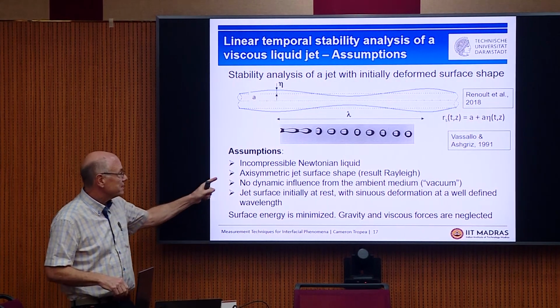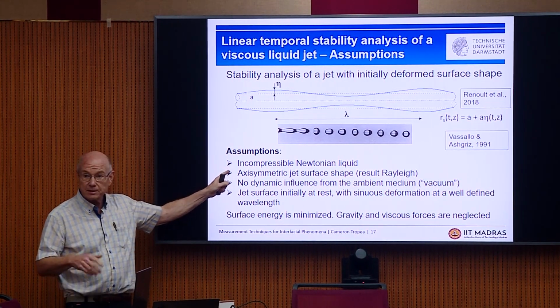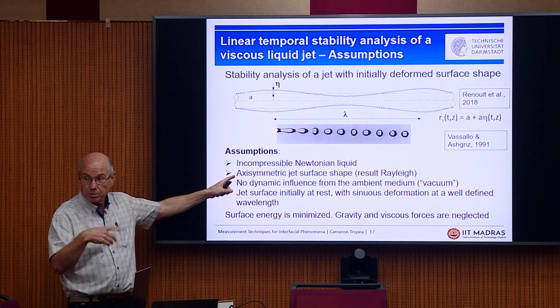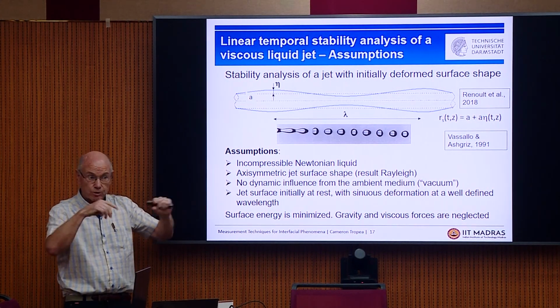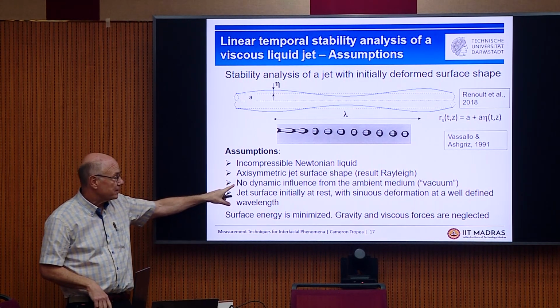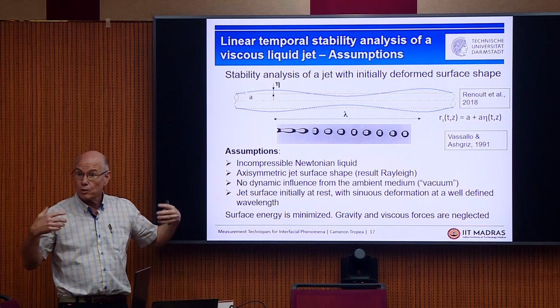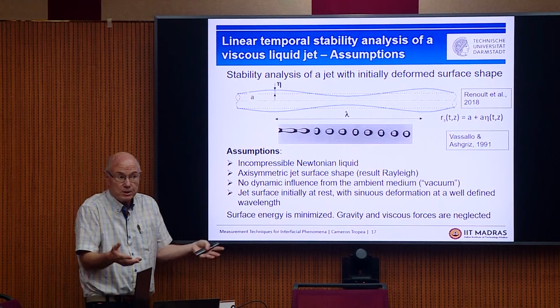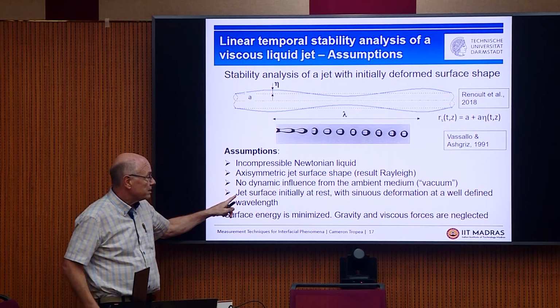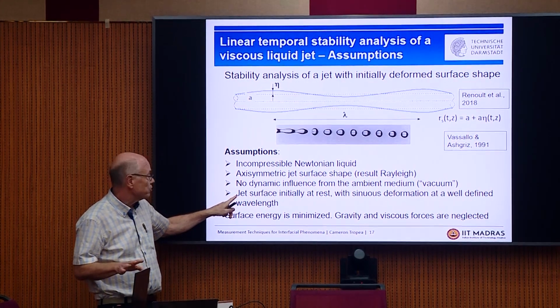And so the assumptions we're going to make are that it's an incompressible Newtonian fluid. It's an axisymmetric shape. Doesn't matter, even with the disturbance, it stays axisymmetric. There's no dynamic influence from the ambient air, so no aerodynamic effects. It could be in a vacuum, exactly the same. And then we would say that there's some small deformation, disturbance.